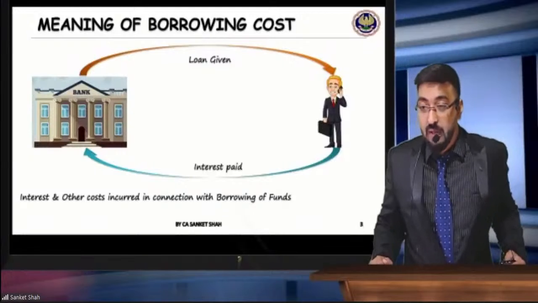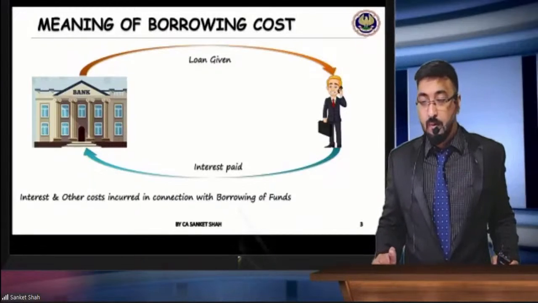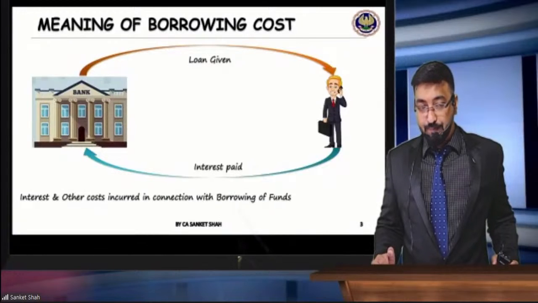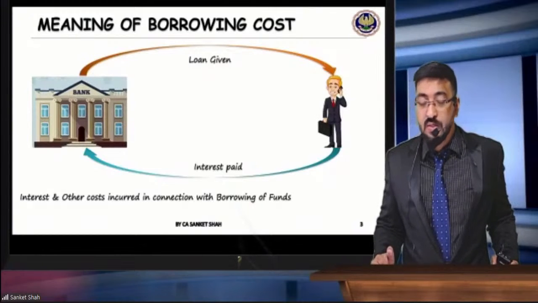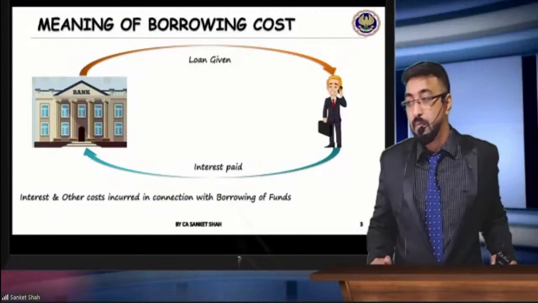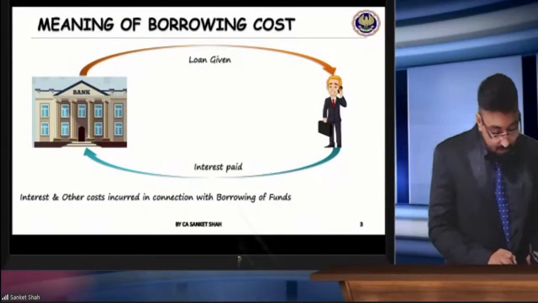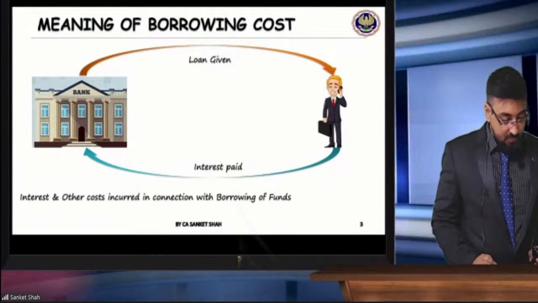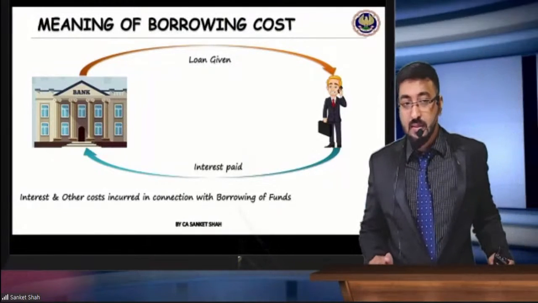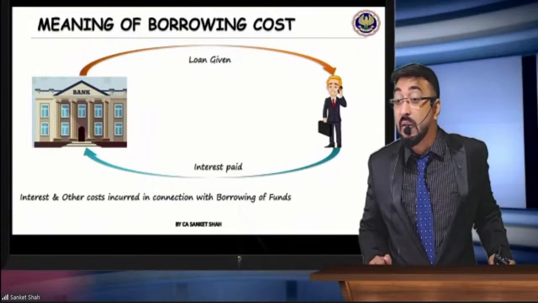If dividend is paid on equity, and equity is used to purchase a qualifying asset, in that case, dividend is not capitalized.